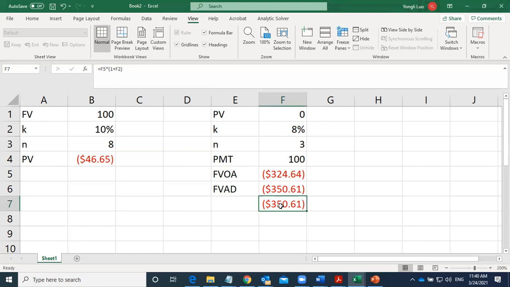That will be your annuity due. It's bigger, and we can precisely calculate how big: 1 plus the interest rate times that ordinary annuity.